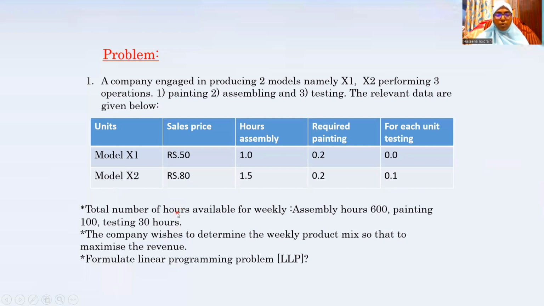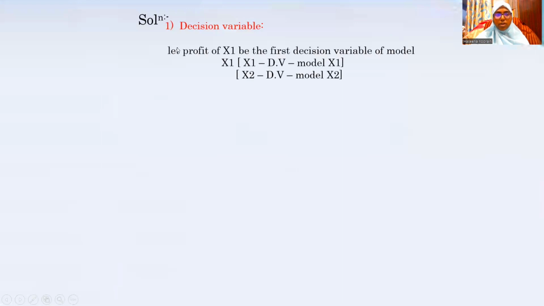So let us know how we solve it. First one is the decision variable. As I said before, the first decision variable is x1 for model X1, and x2 is the decision variable for model X2.